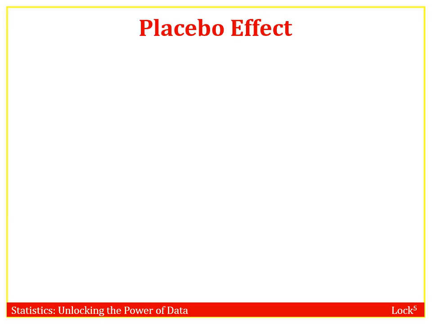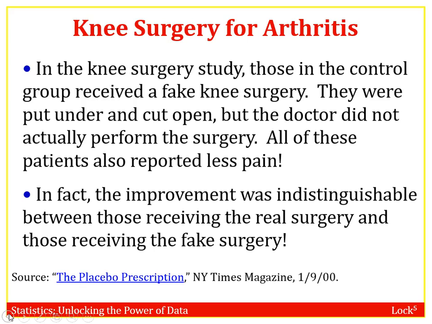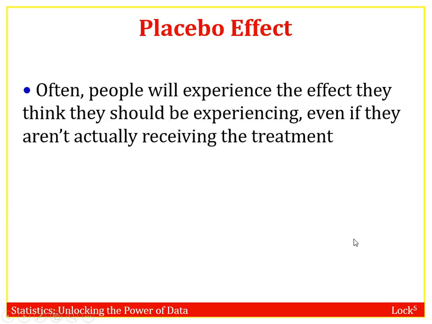Now, the placebo effect, which was just in this last situation here, really is where people think they're getting better because they're getting treatment for it. The placebo effect is, for the most part, somebody thinking they're getting better because they're getting treatment when they're not actually getting treatment.